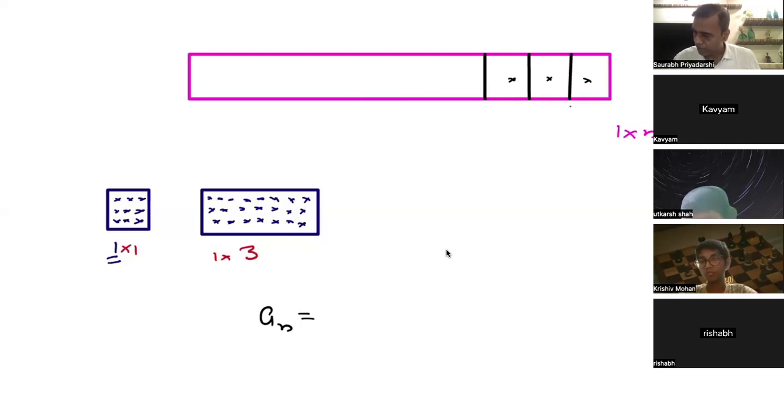So if I'm ending with this, right? I'm saying a n is equal to, so I'm ending there, so I have to put 1 cross 1, means this is a n minus 1. Is this okay? Or if I'm ending there, then I have to put 1 cross 3, right? Means I have to put what? a n minus 2, n minus 3.